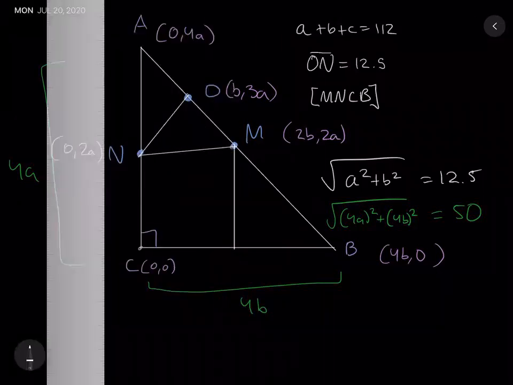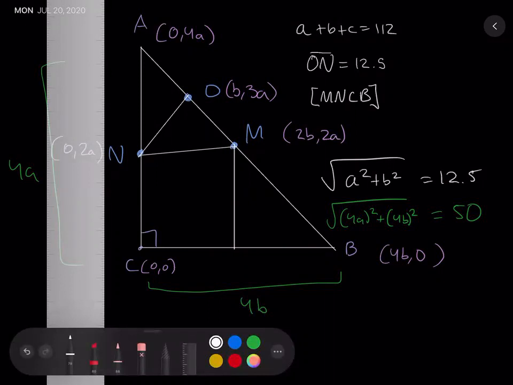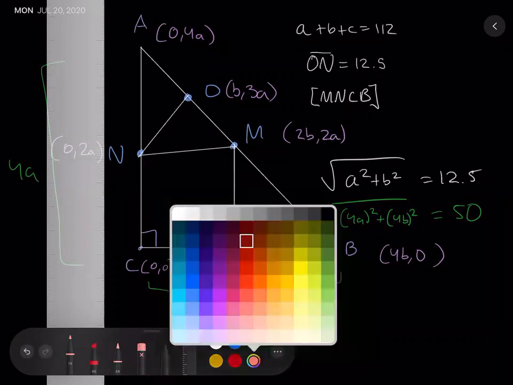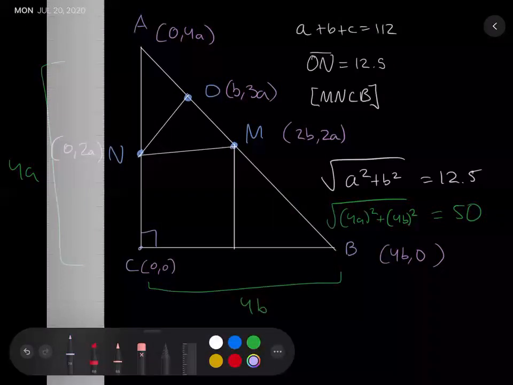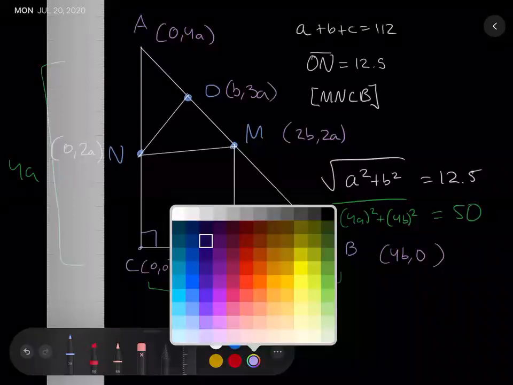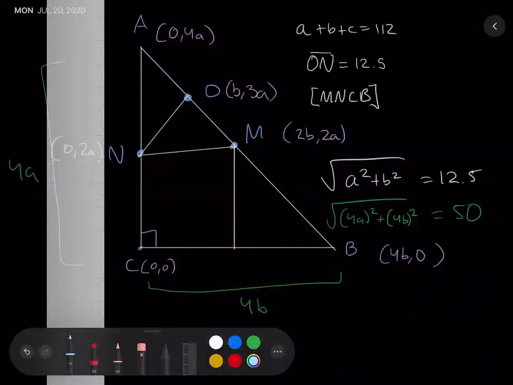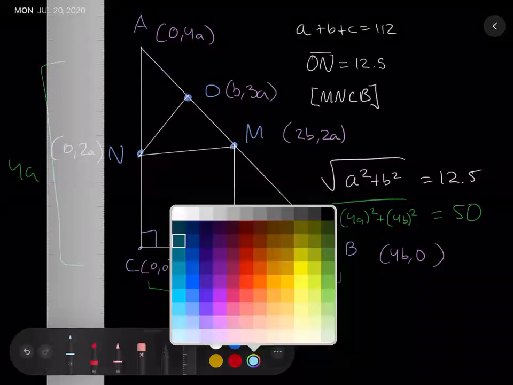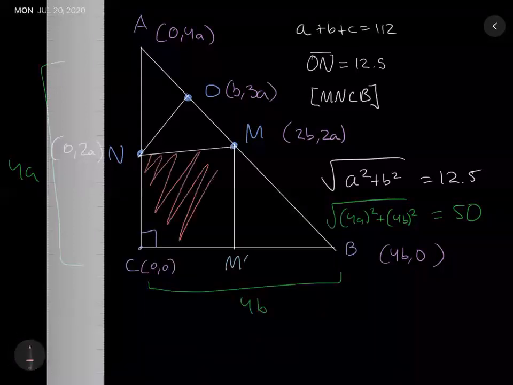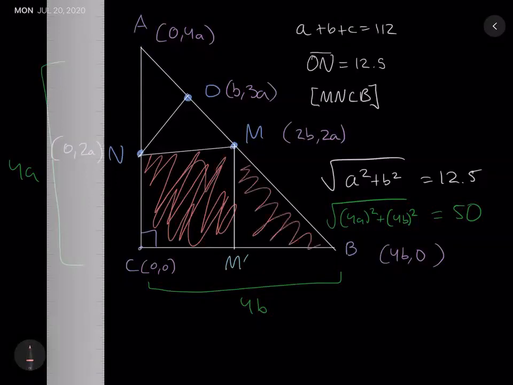How does this help us? Well, it breaks our trapezoid into 2 parts. Let's label this point first. This is point M prime. This trapezoid is this rectangle plus this triangle.